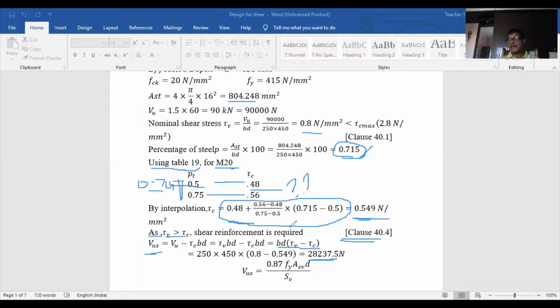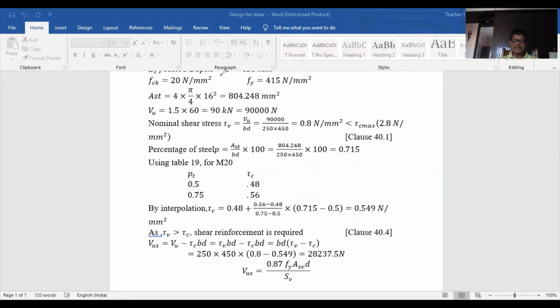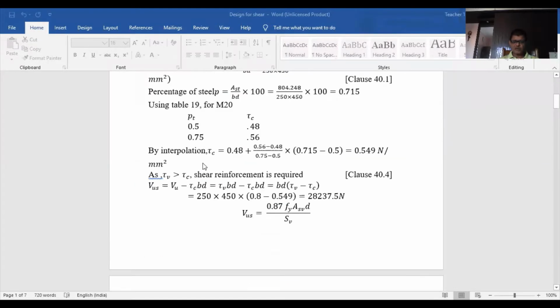Now you have to decide whether to provide only vertical stirrups or also some bent-up bars. In the present case, we are providing only vertical stirrups. If we are providing only vertical stirrups, then the formula is given again on page number 73: Vus is equal to 0.87 fy Asv d by sv. So put the formula and get your solution.